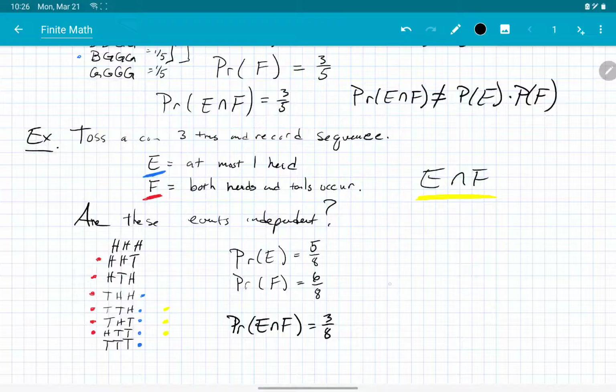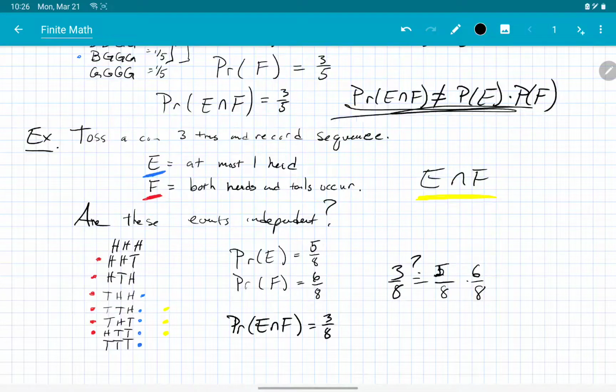And the question is, is 3 out of 8 equal to 5 out of 8 times 6 out of 8? If it is, then those events are independent, because independence means the probability of E and F is equal to the probability of E times the probability of F. Is this true? Well, this gives us 30 over 64. Okay, and this gives us 15 out of 32.